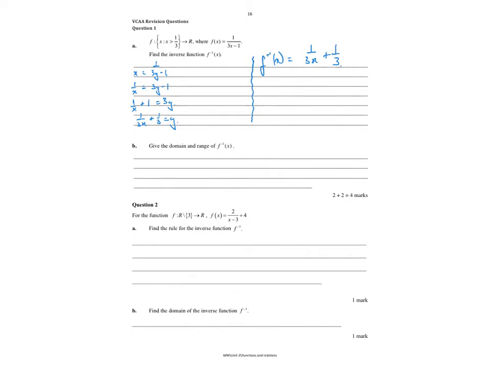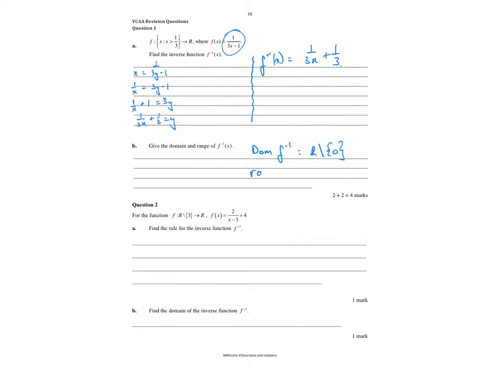Well, so the domain of f inverse is equal to the range of the original, and that function there has a range of R except for 0, because there's no translations up or down.